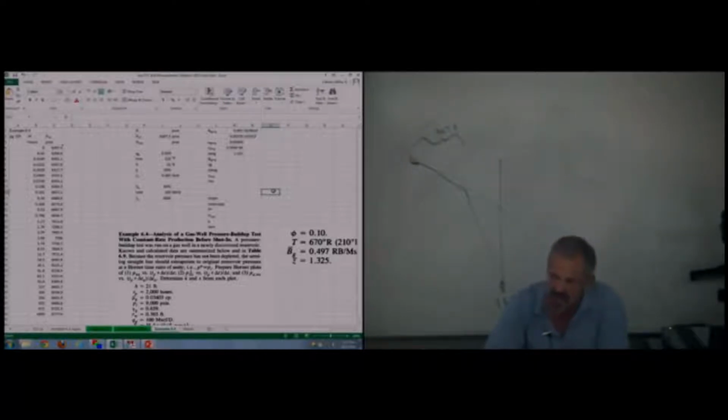Constant rate, constant pressure, variable rate, post equalization, the effects of different fluid regimes if you're producing from a 2-phase reservoir. So a whole science could be attributed to that.